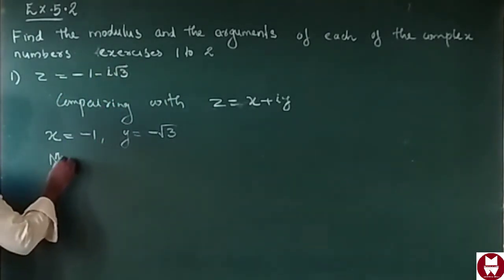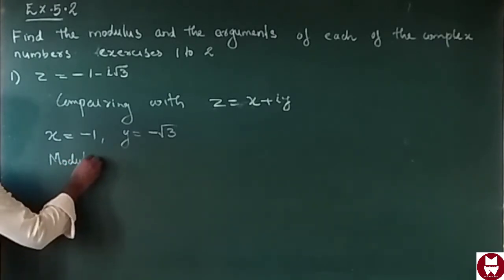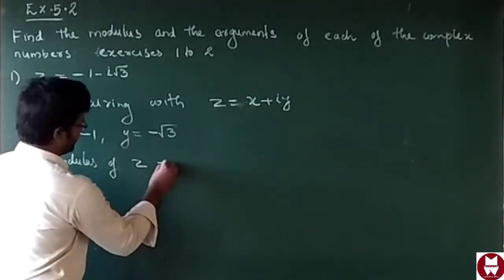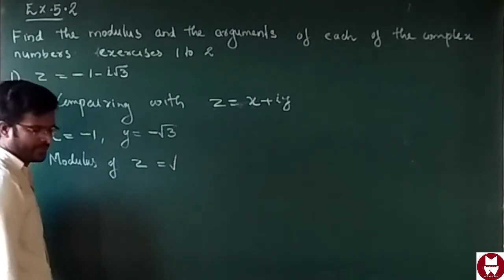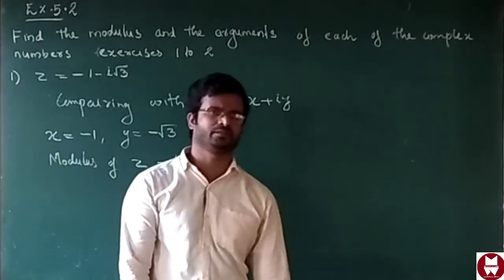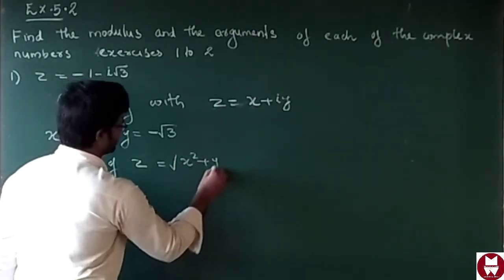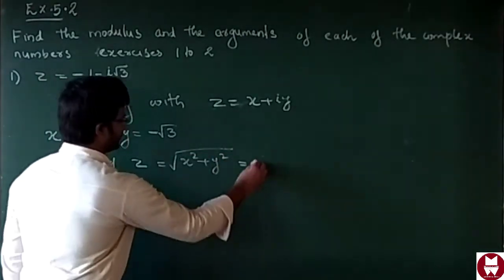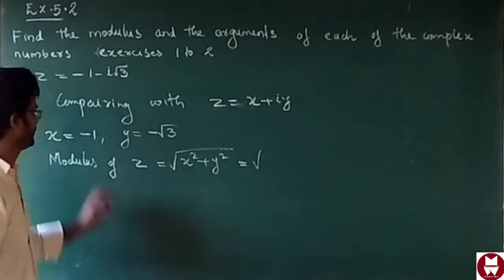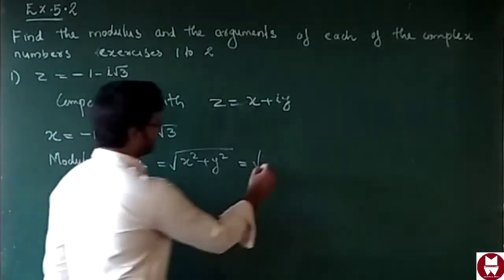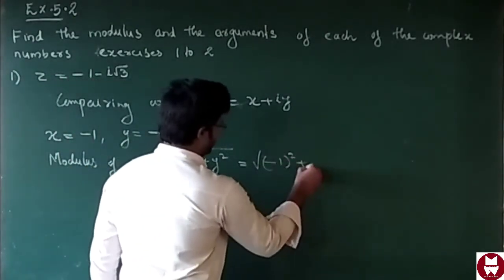First, the modulus of z. Modulus of z equal to, we already studied one formula, the square root of x square plus y square, equal to the square root of, what is x? The x value is -1 whole square plus y square.